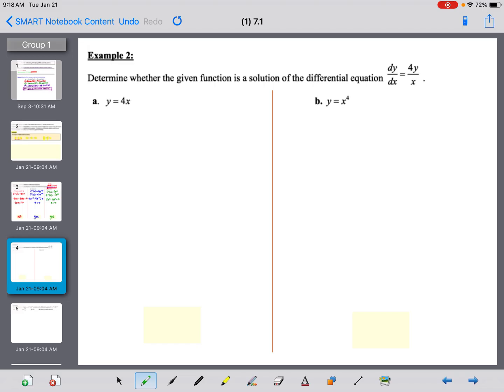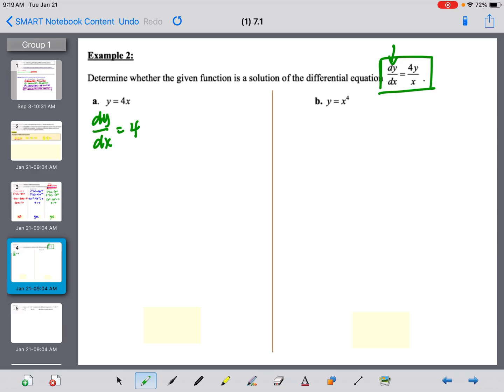All right, here's one more. In the same way, we're trying to determine if the function is a solution, but now we have a new differential equation. So dy dx, as we are looking at that, means derivative. My dy dx, in this case, is going to be 4.